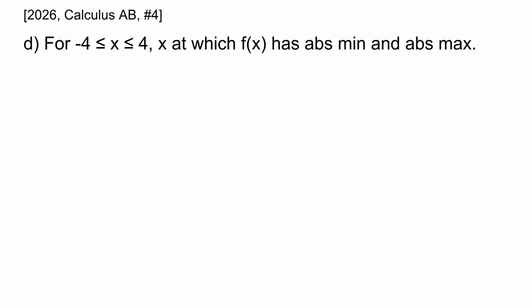For part D of this question, we are again considering the closed interval from -4 to 4. We are asked to identify any x at which the function f of x has an absolute minimum and the x where f of x has an absolute maximum.